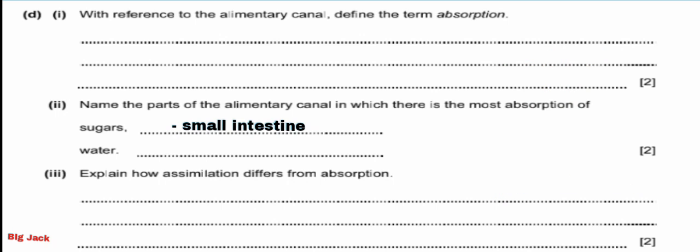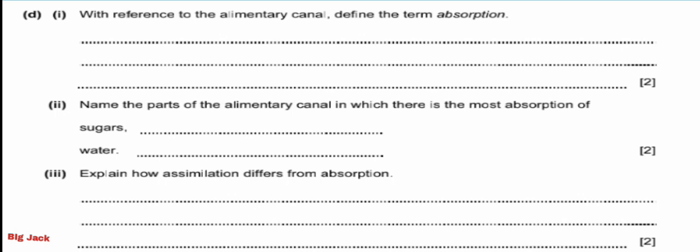When it comes to water, most of the absorption of water takes place where? In the large intestine. Then as for Roman number 3, it is saying explain how assimilation differs from absorption.